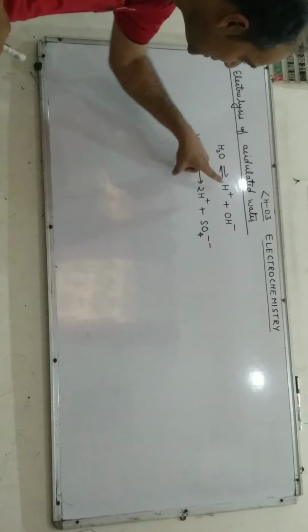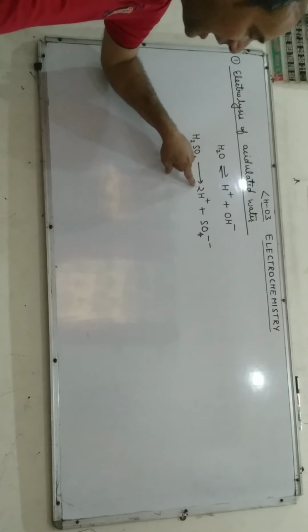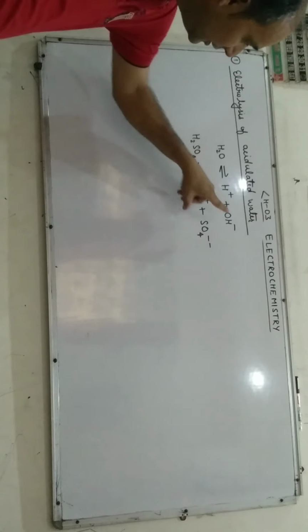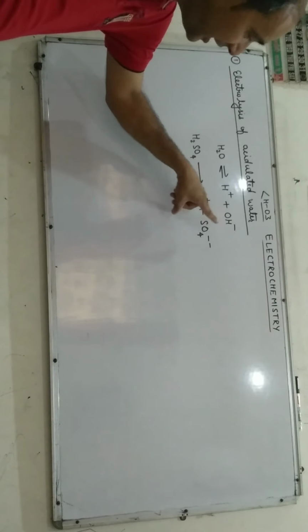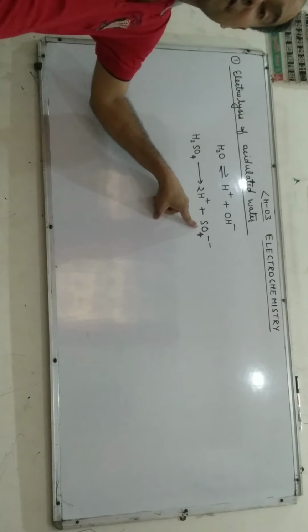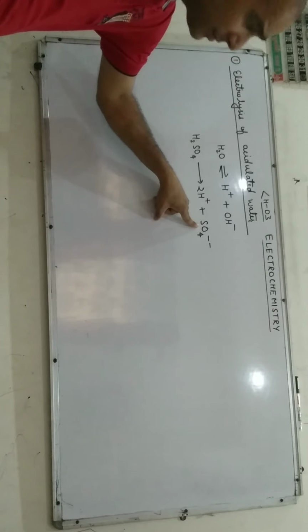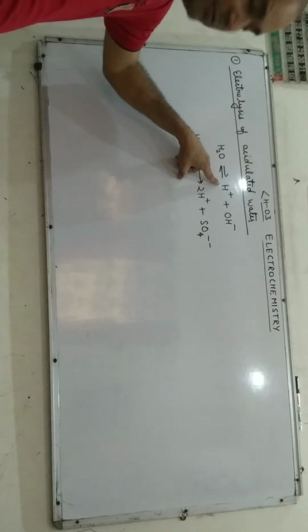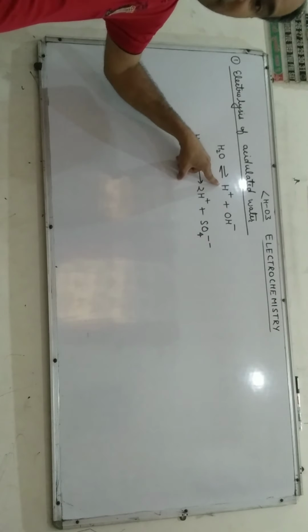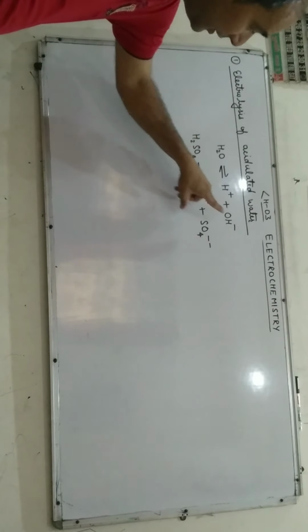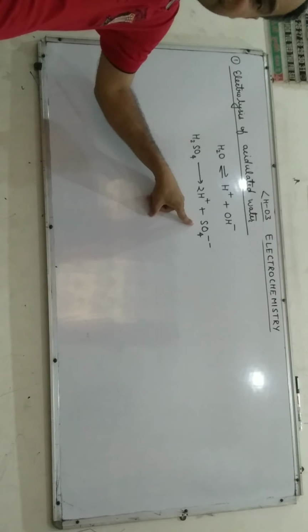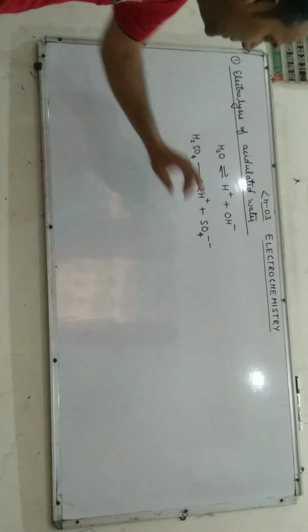Here H positive ions move towards the cathode, while OH negative and SO4 double negative move towards the anode.